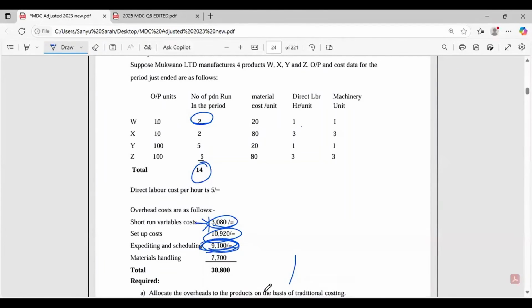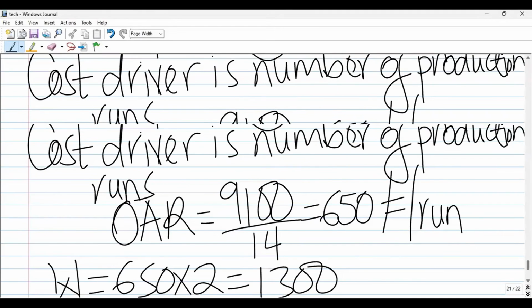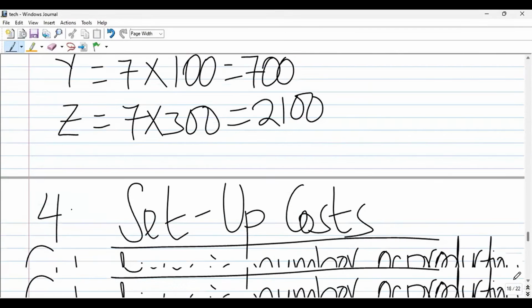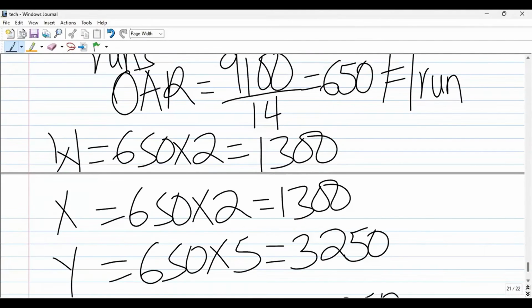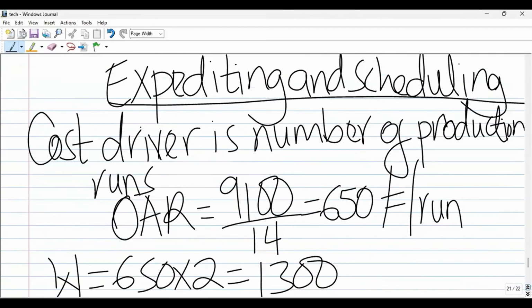Just like we've done for short run variable cost and setup cost, it is that cost divided by the total cost driver. I hope you've understood. So we move to the next.